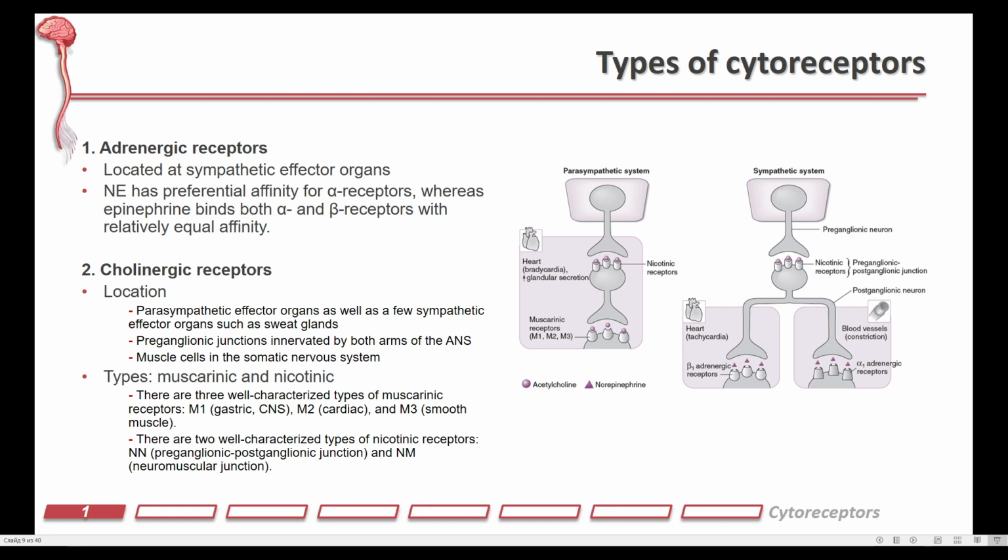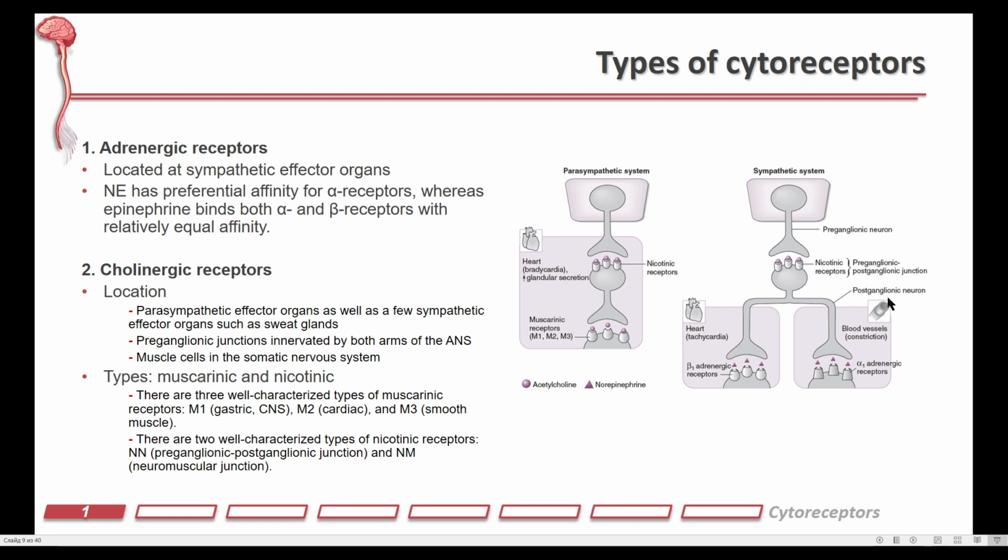Why is it important to know? Because later on, when we will study the cardiovascular system, you will see that effects which are provided by these substances might differ, and it will be determined by the type of the receptor they act on.